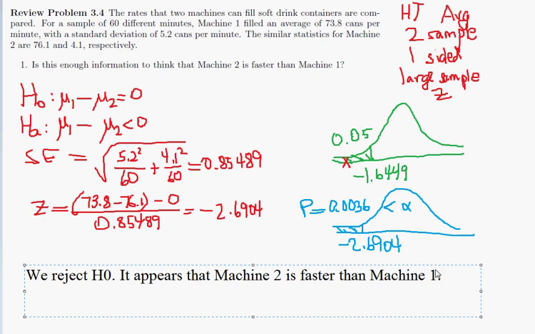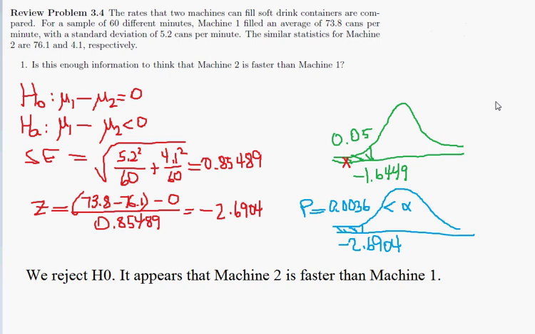Okay, before turning to the remaining parts of this problem, let me copy over the most important pieces of information that we'll need for the future. The first thing that we'll need is the value of Z alpha, which is equal to positive 1.6449.